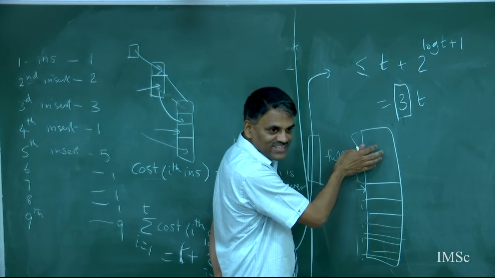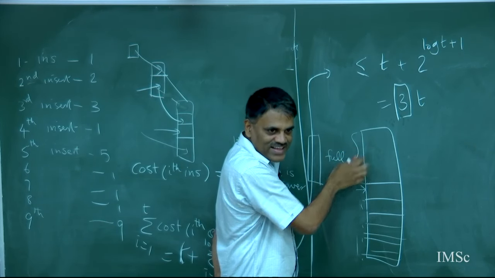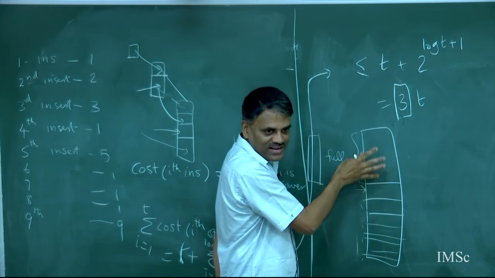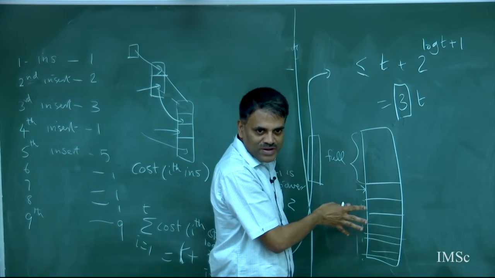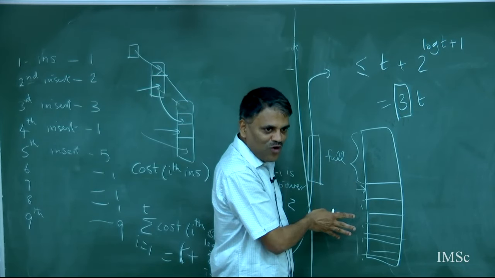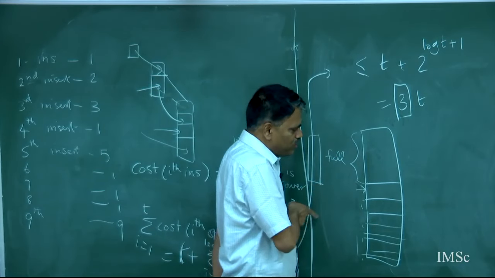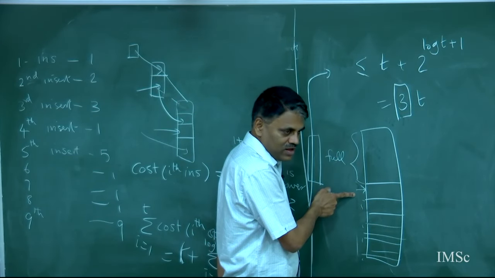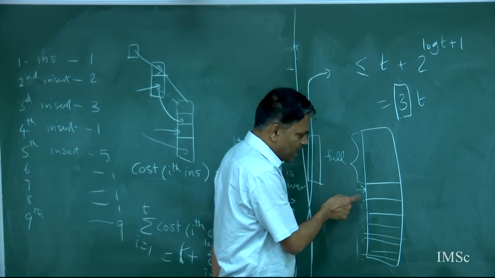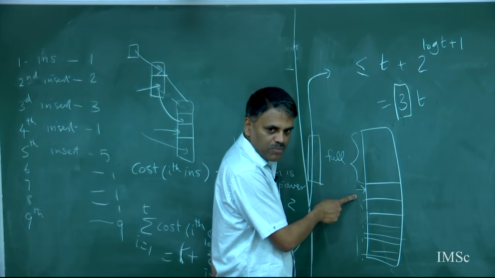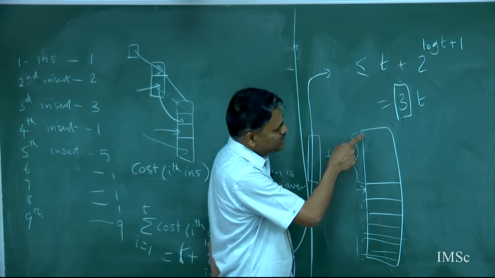Who's going to pay for these guys? When the expansion happened, there was nothing here. At least that's sort of the invariant that's going to happen, right? So that's why you need to come with 3 credits. One to pay for your insertion, one a charge on you for your copying, and one you help somebody here.